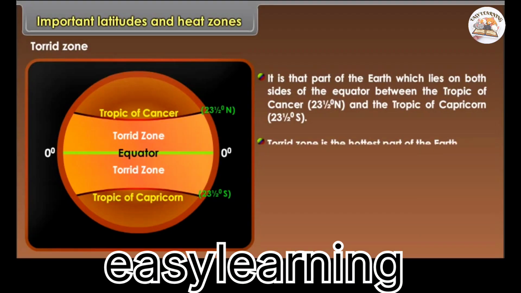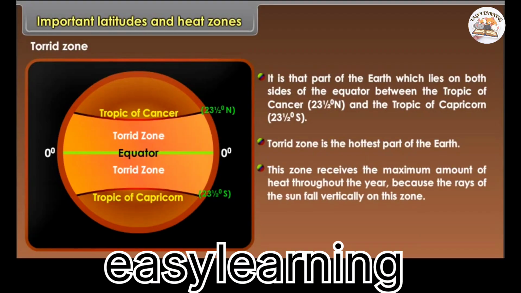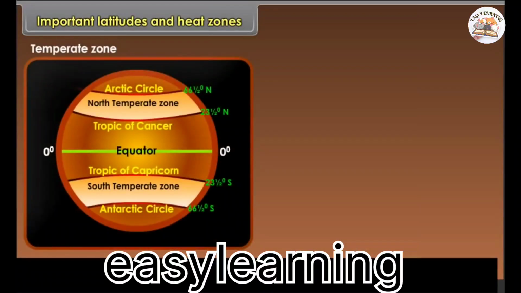Torrid zone is the hottest part of the Earth. This zone receives the maximum amount of heat throughout the year because the rays of the sun fall vertically on this zone.